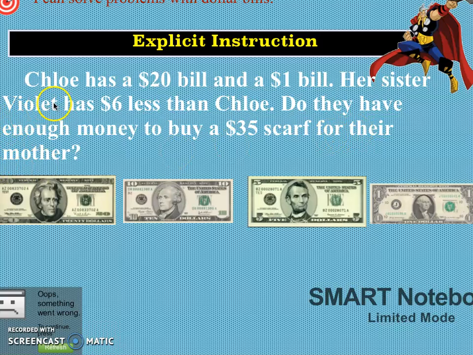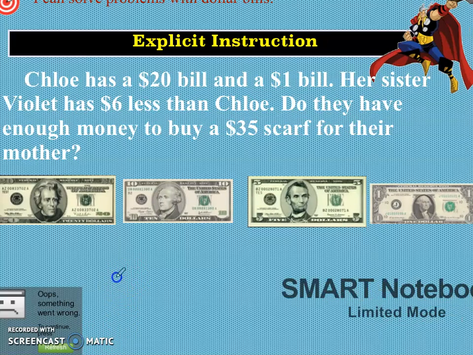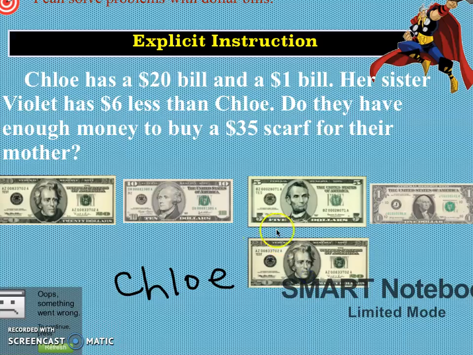So let's see how much money Chloe has first, then we'll see how much money her sister Violet has. So let's write Chloe's name. It says Chloe has a $20 bill and a $1 bill.